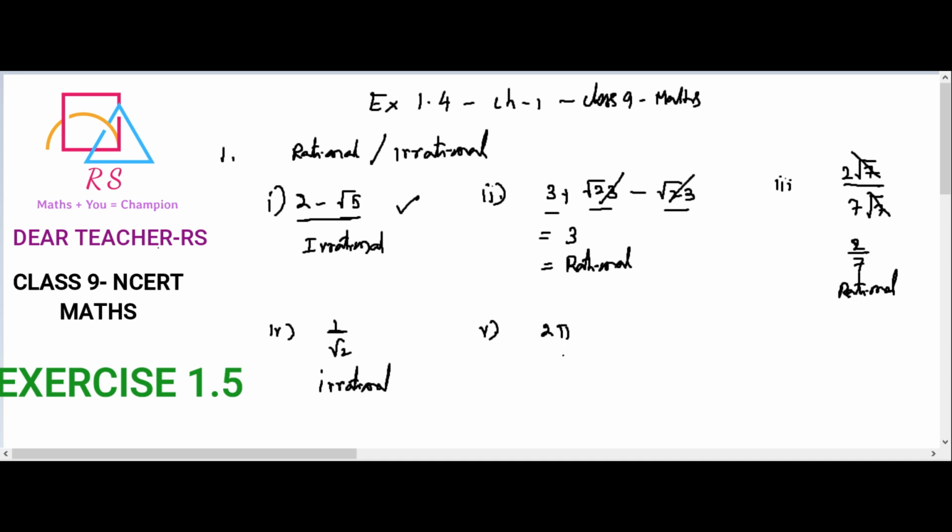So 2 pi: if you take only pi, it is an irrational number. If you take pi as a factor, 2 into 22 by 7, in mensuration, the pi value 22 by 7 they will take approximately. But strictly speaking, pi is always an irrational number. Therefore, the product of a rational number and an irrational number is always an irrational number.